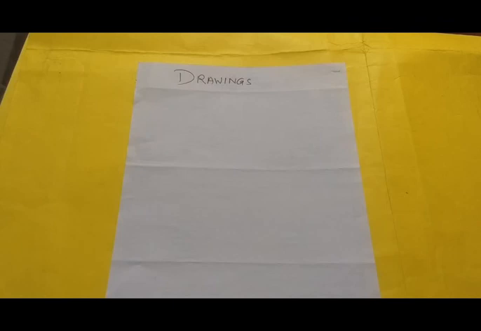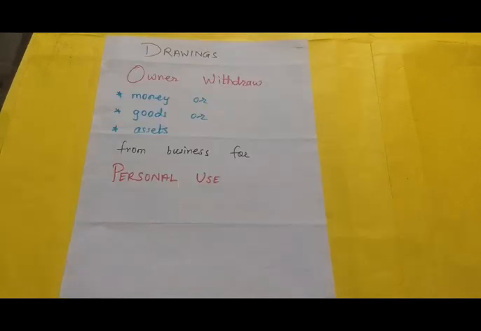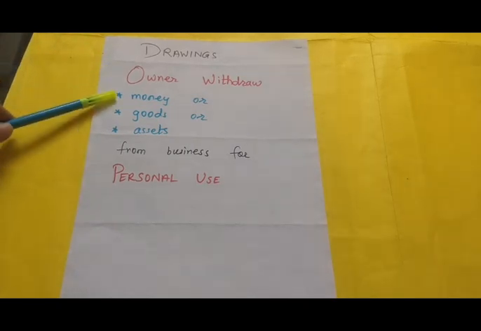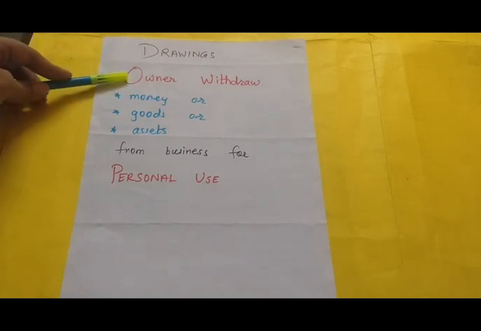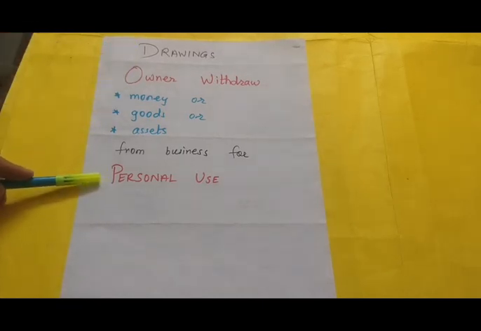Points involved in the definition of drawings. The first one is the owner withdraws money or goods or assets from business for personal use. Now in this case, personal use is very important. If the owner withdraws anything which is related to business, it is not recorded as drawings. The owner has to withdraw and it should be for personal use.